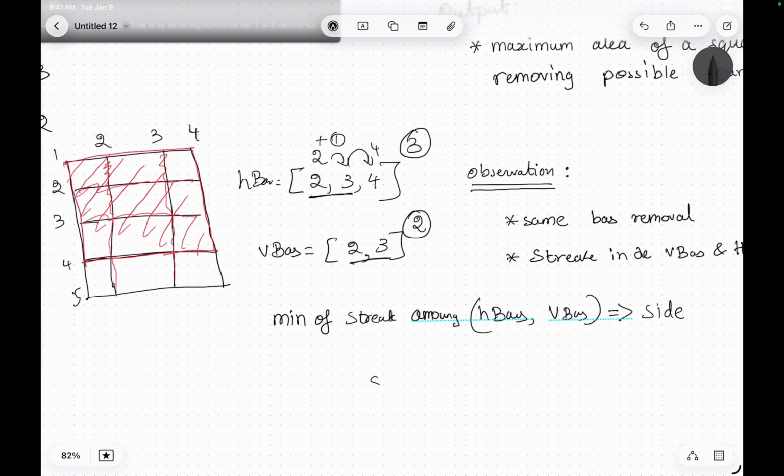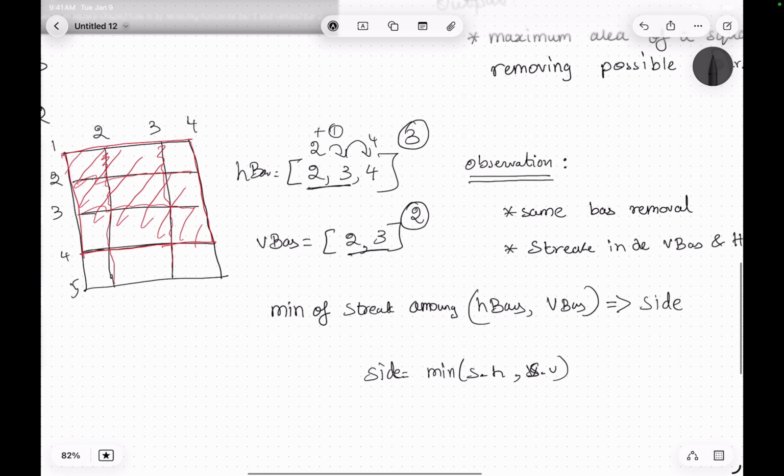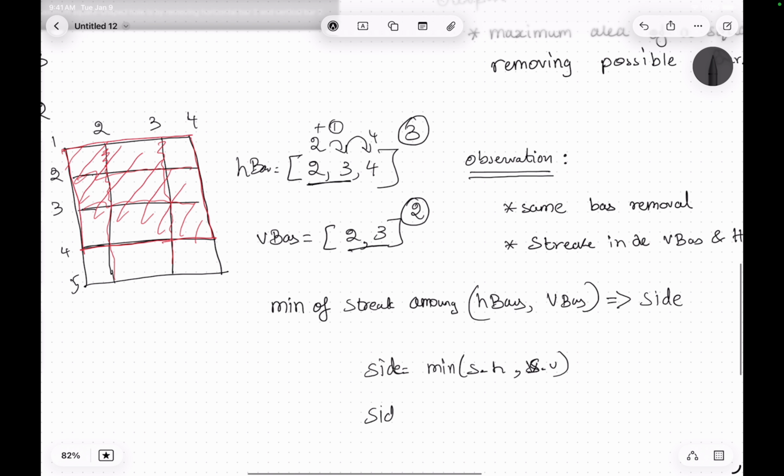So to find side, it's minimum of streak of h and streak of v, I mean vertical bar. So this is what we will be getting the side, and side cross side is equal to the area. So this is what we need. So this is the observation we are getting, and this is the approach we are following to code it up and to come up with the answer.